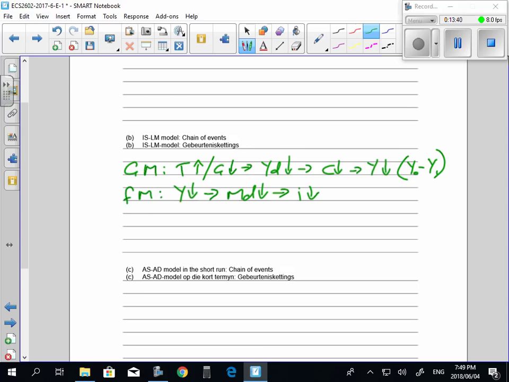Now, back to the goods market. As we decrease the interest rates, investment spending increases, demand for goods and services increases, output and income increase, and we go from Y1 to Y2.